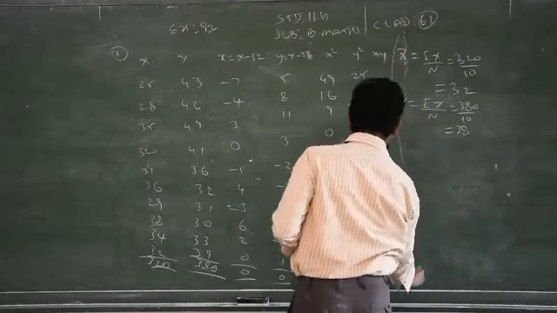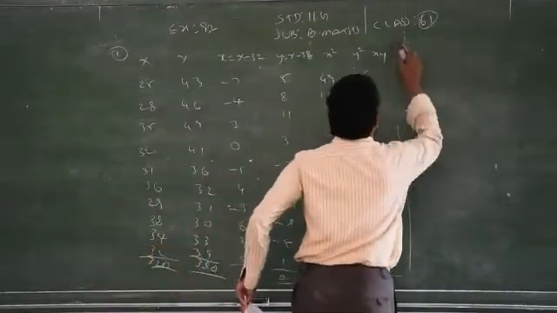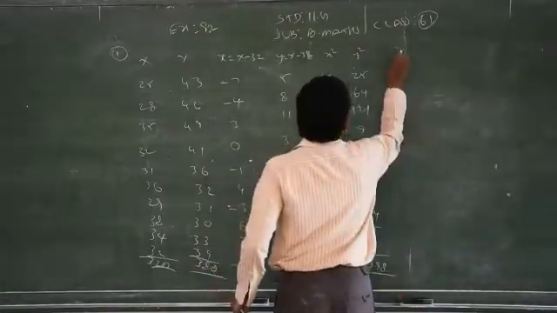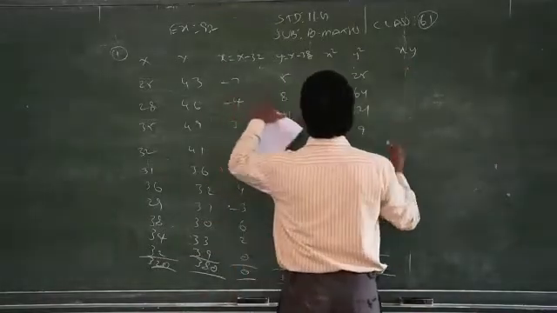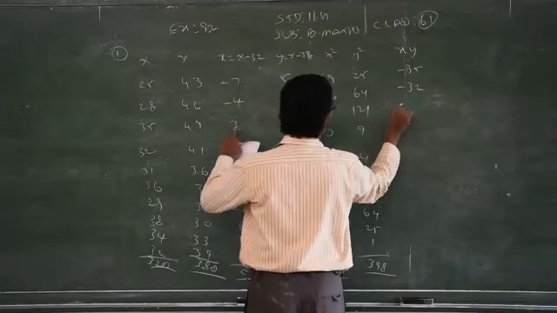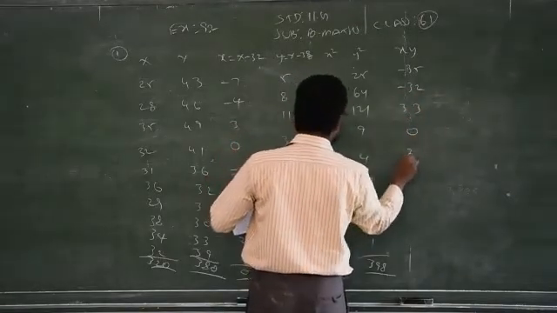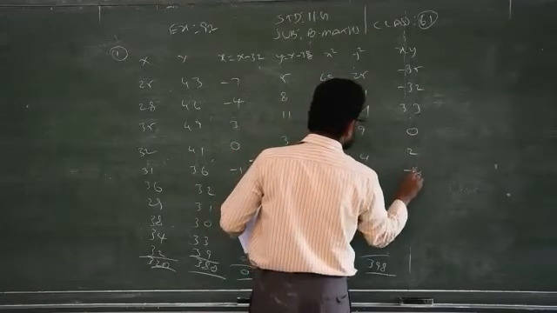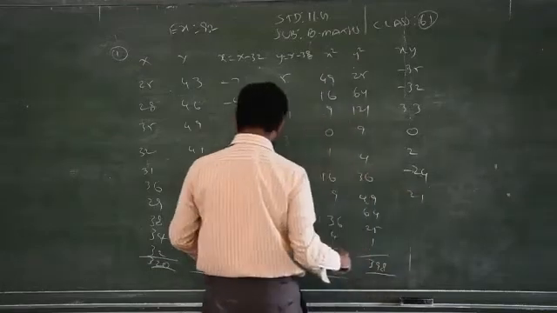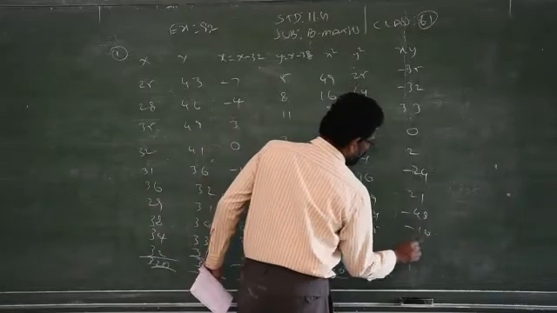Then the XY total. You just have to multiply X and Y. So next, XY: minus 35, minus 32, 33, 0, then 2, minus 24, 21, 6 8s are 48, 2 5s are 10, then 0.